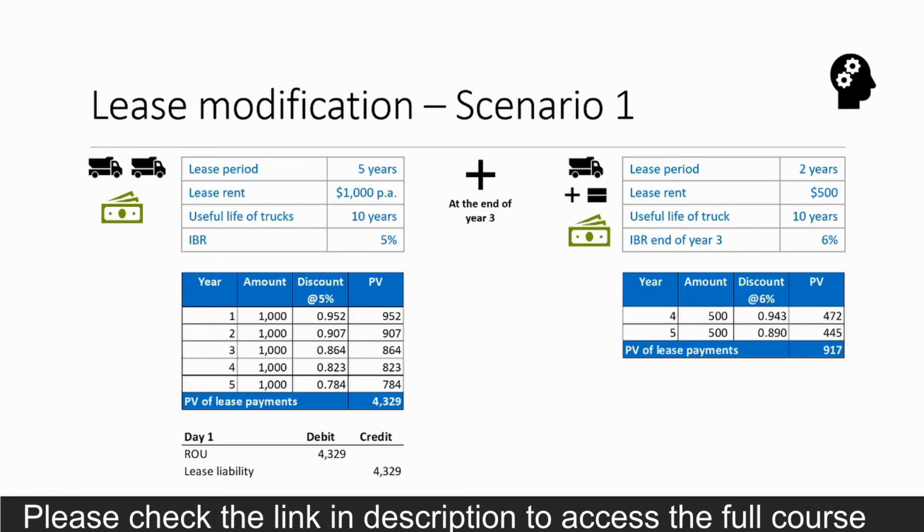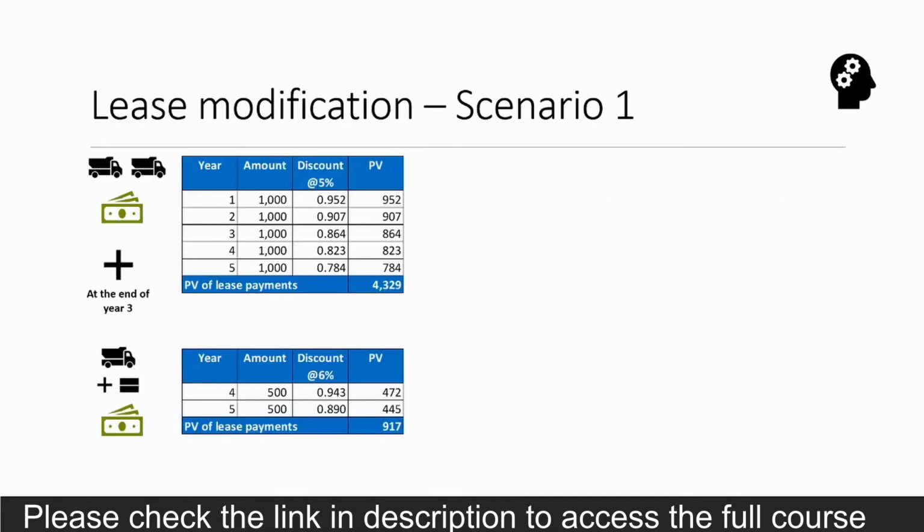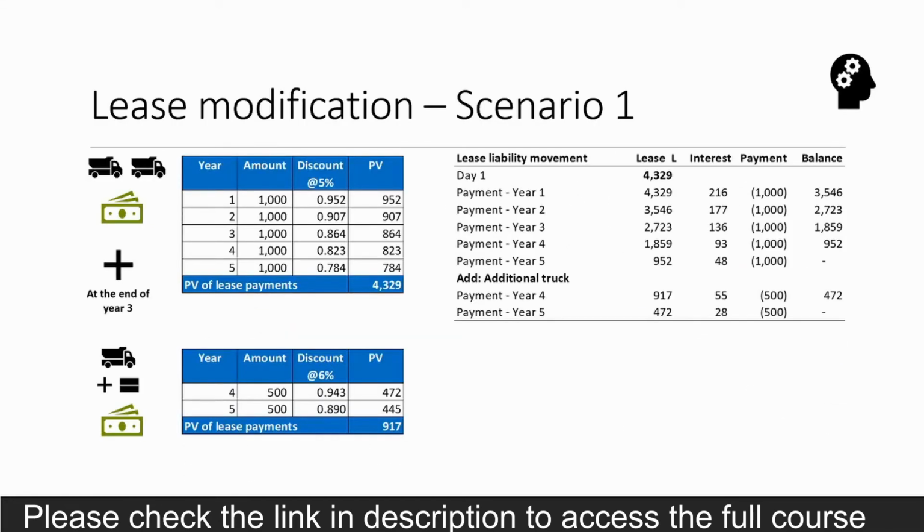And now we will pass the accounting entry for the modification adjustment by increasing the ROU and lease liability with the additional amount. Here in this table, I have given the movement of lease liability wherein the interest is first computed at the rate of 5% and for the new truck at the rate of 6%.